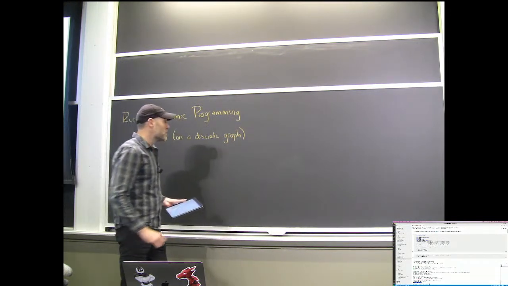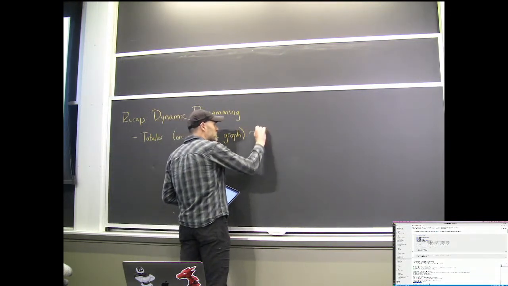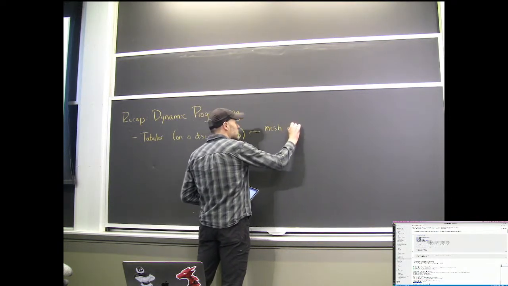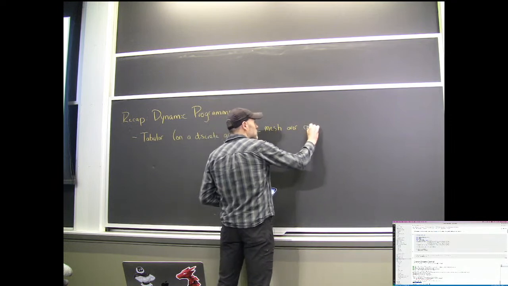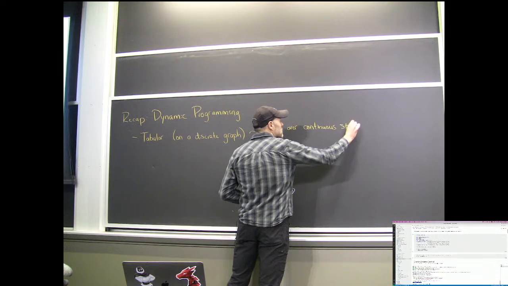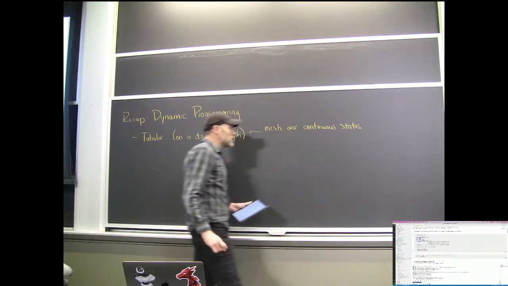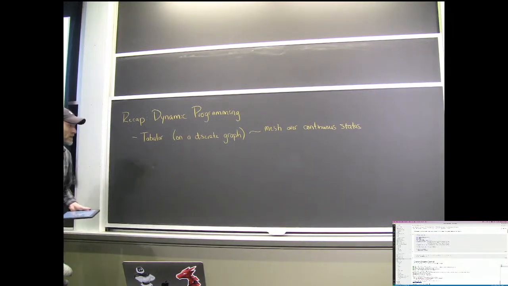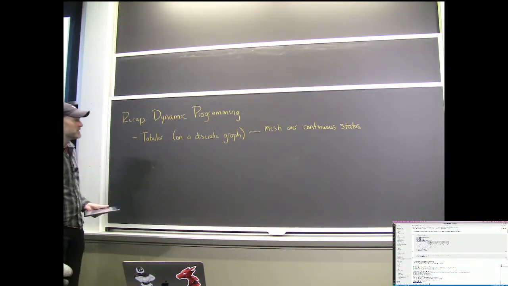And we made a connection to using that on a mesh over continuous state space. That was a very powerful tool that'll take arbitrary dynamics, arbitrary cost functions, and solve them within some numerical accuracy.